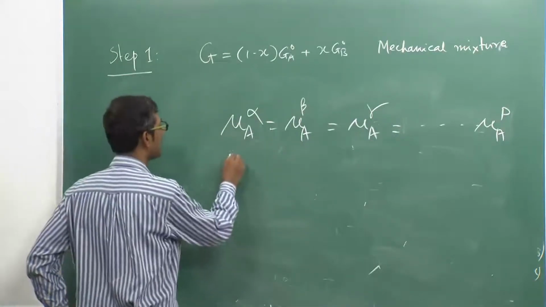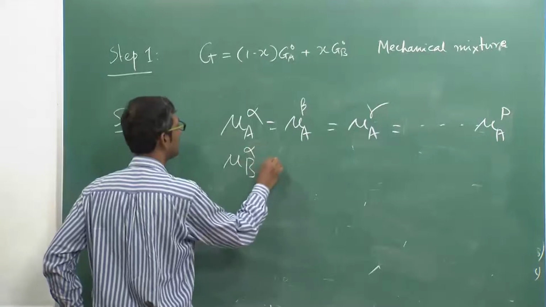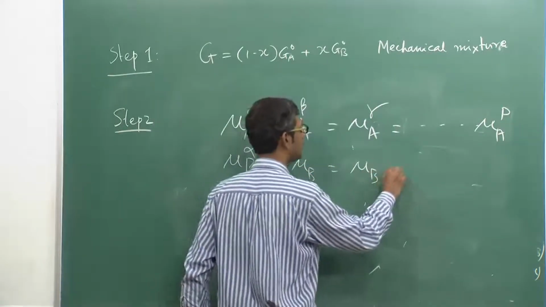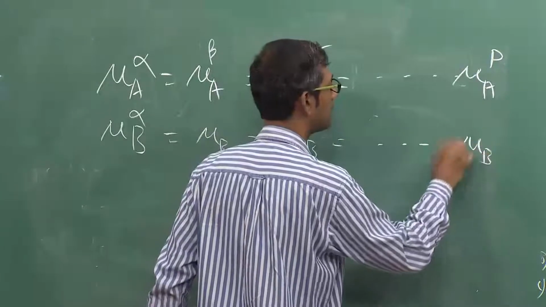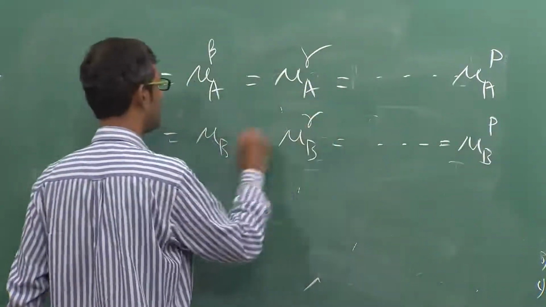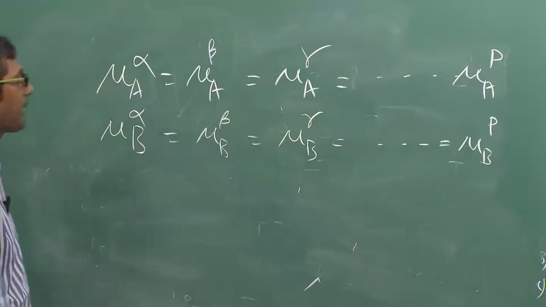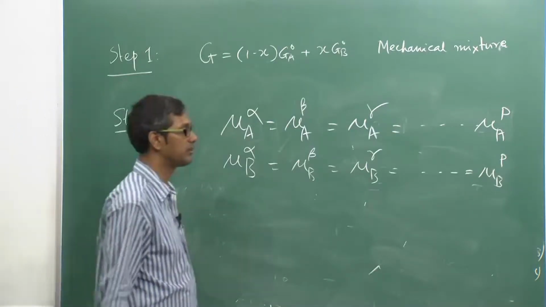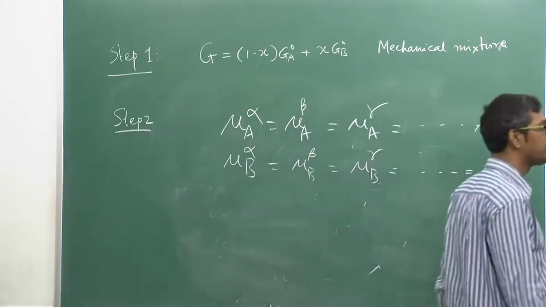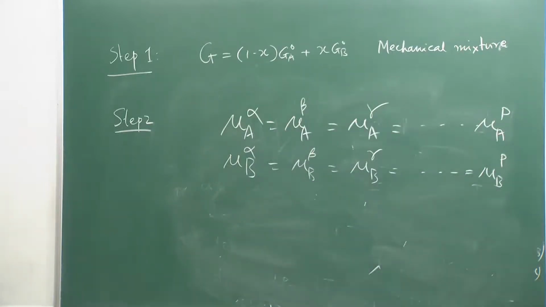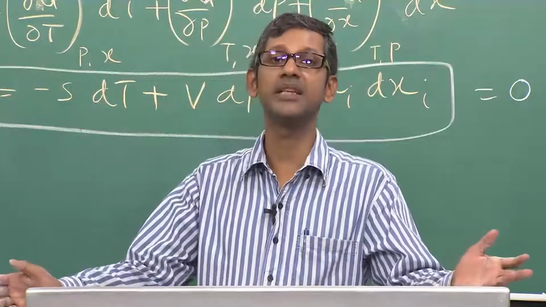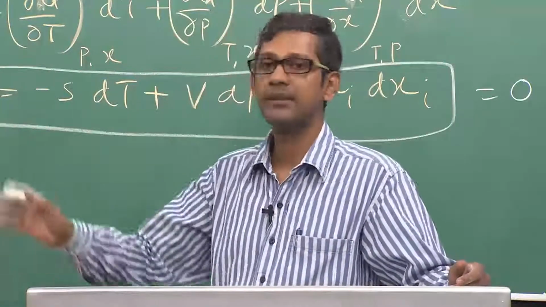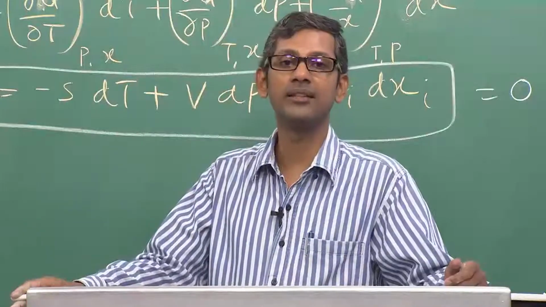Similarly, if I have another component B, again the same thing. It does not matter how many components are present, I can simply write this equation. So, this actually gives me, in multi-component systems where solutions are present or even different phases are present from alpha to P, all the conditions to be satisfied.